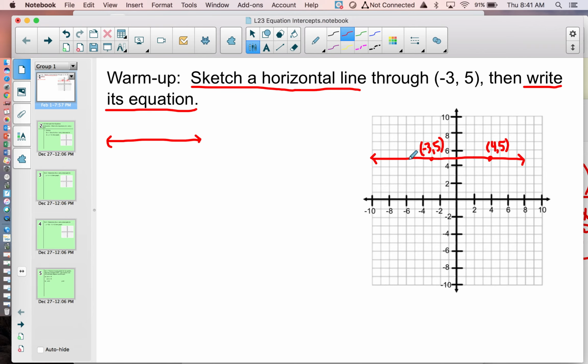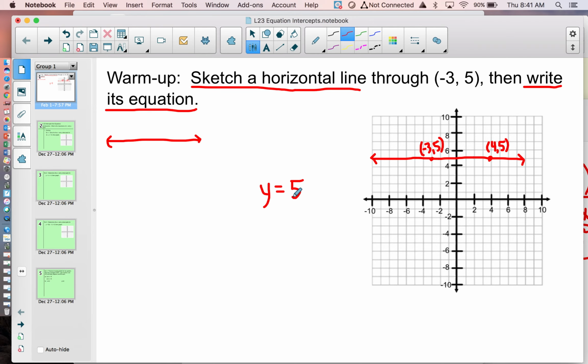But notice, every coordinate ordered pair on this line has a y value of 5. So what does that mean? It means the equation of this line is going to have a y value of 5. y = 5. And that's it.